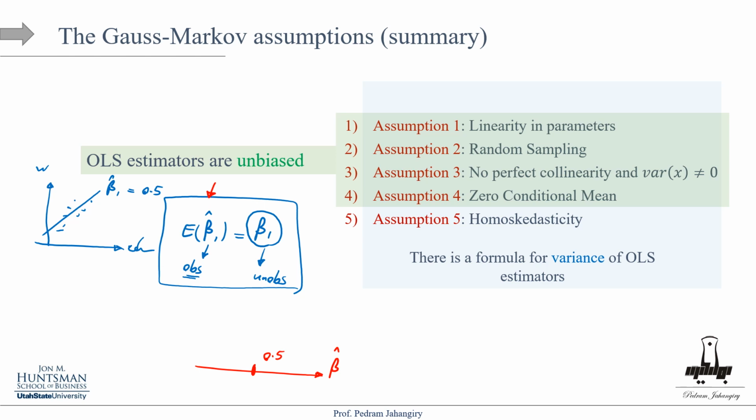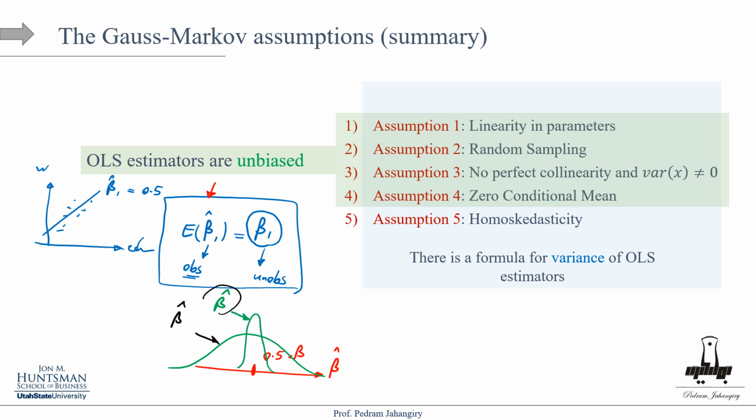Every additional unit of education, holding everything else constant, on average is going to increase your wage by 50 cents, right? And so this is my beta. Then are we talking about something like this or something like this? Which is the case? If this is a distribution for your beta hat, is this one better or this one better?